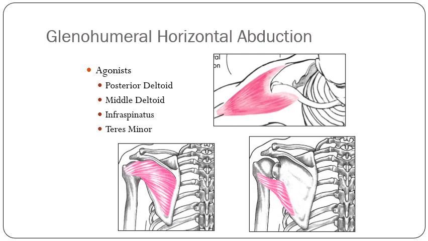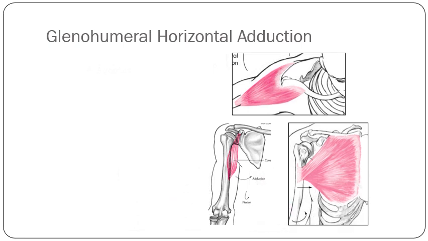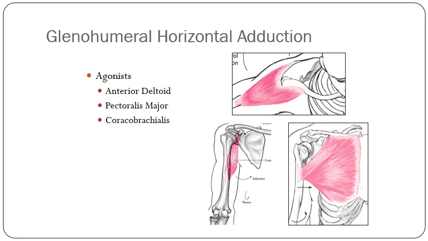The reason the middle deltoid is included is just to get yourself in position. The middle deltoid really has to participate in getting that initial position down. And then horizontal adduction: again, your agonists are the anterior deltoid, the pectoralis major, and the coracobrachialis.